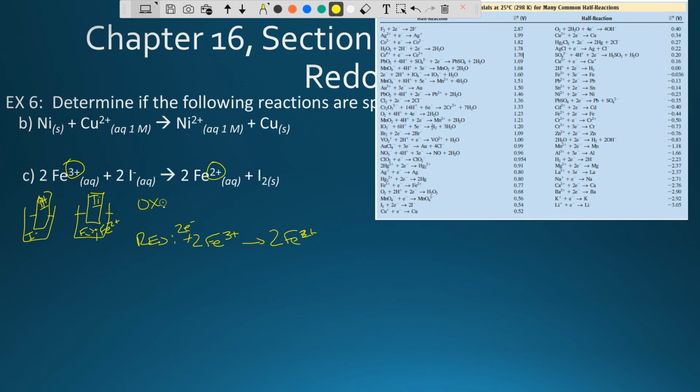Now, that means that my oxidation would end up being my iodines. I have 2 of those iodine ions, and it's going to form the iodine solid in there. And for that, I'm going to need 2 electrons, and that's given off. Okay, so if it's given off, that means that it's going to be oxidized.